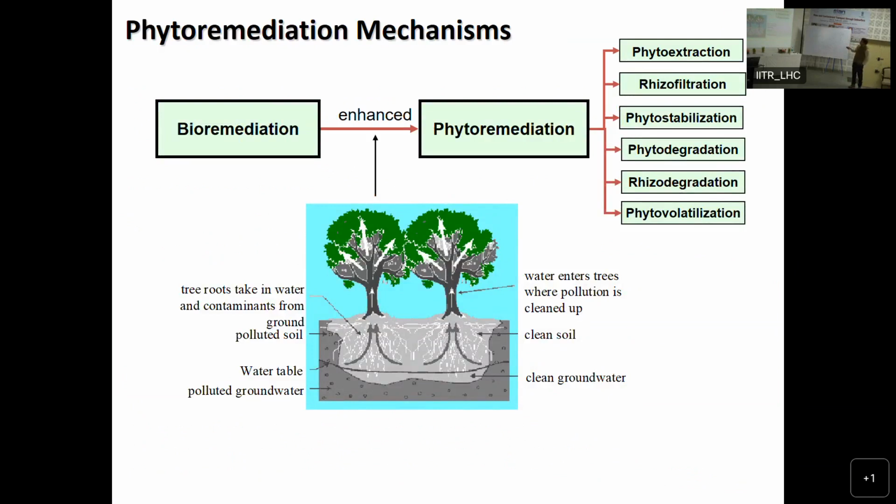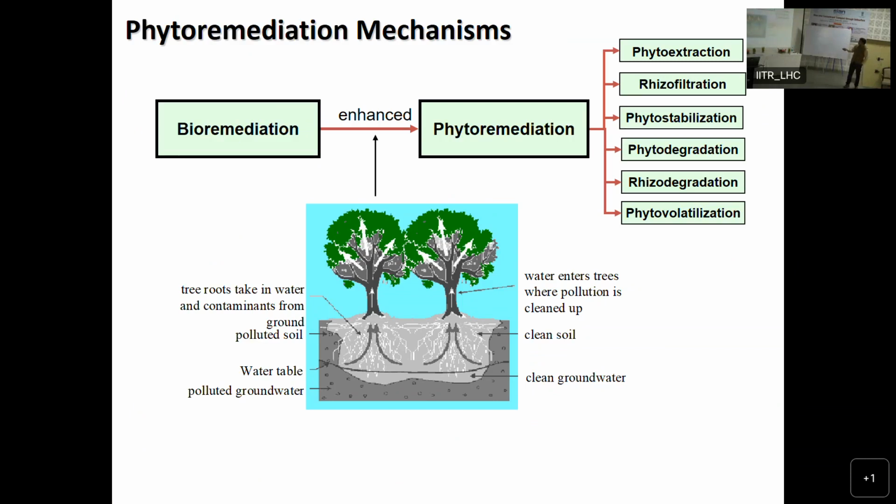And further, this phytoremediation technique can be categorized into phytoextraction, rhizodegradation, phytostabilization, phytodegradation, phytovolatilization. So based on the kind of the contaminants which are there in the subsurface, and based on our objective, whether we want to completely remove the contaminants or degrade those contaminants in the subsurface, we can use any of these technologies as per our need.